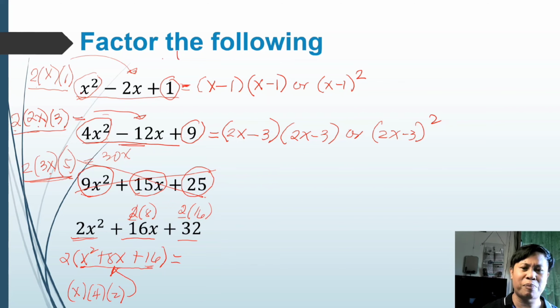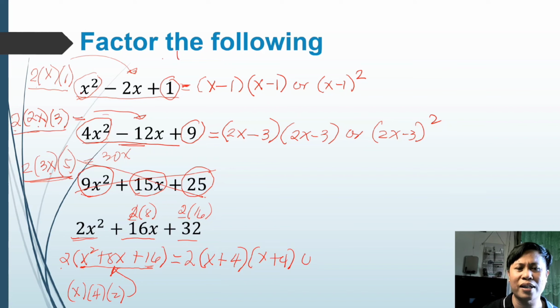So, we can factor that further. We write first the 2. Then, times, what is the square root of the first term? x. What is the sign after the first term? Plus. So, you write there plus. Then, the square root of the last term is 4. Rewrite this x plus 4 as is. So, we have now x plus 4.